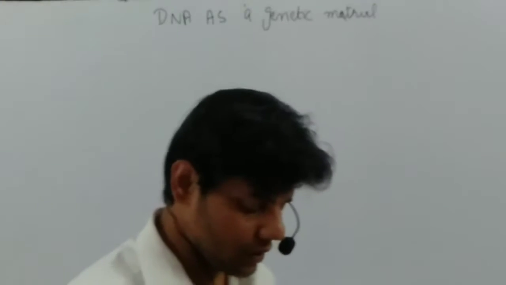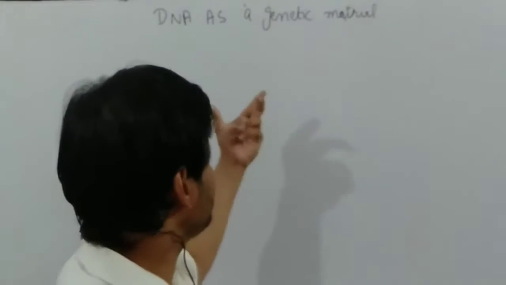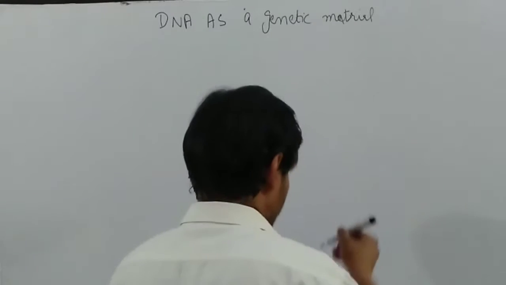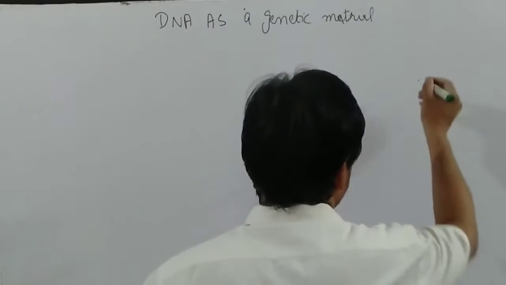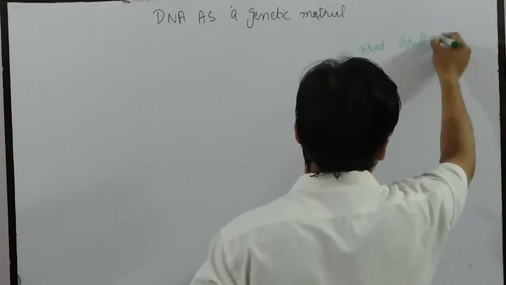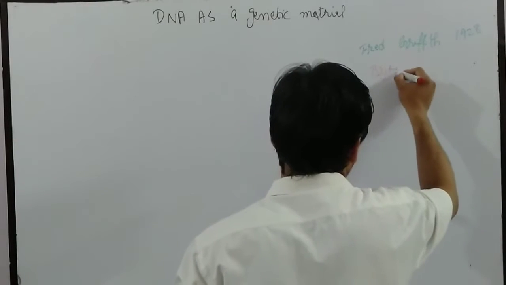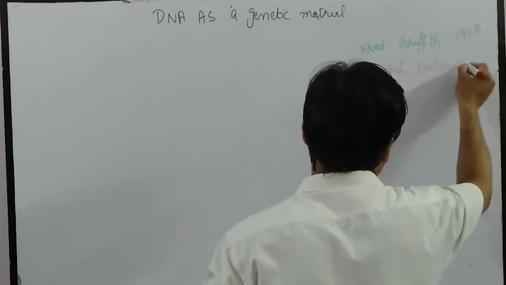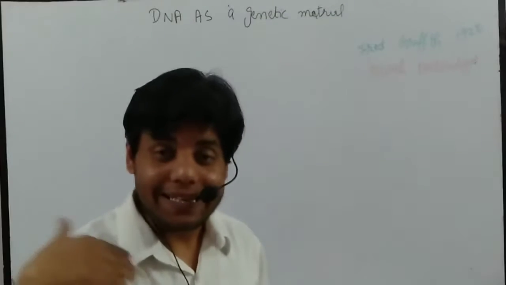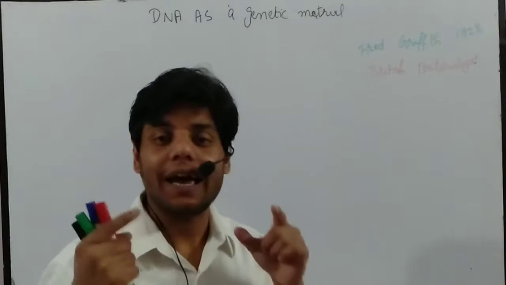In this first lecture we are going to talk about the Griffith experiment in 1928, in which Griffith experimentally proved that DNA acts as a genetic material, or hereditary material.